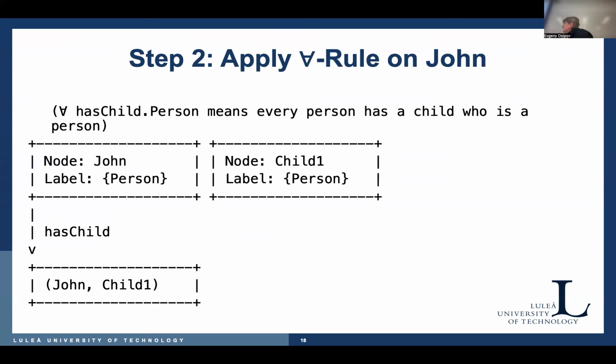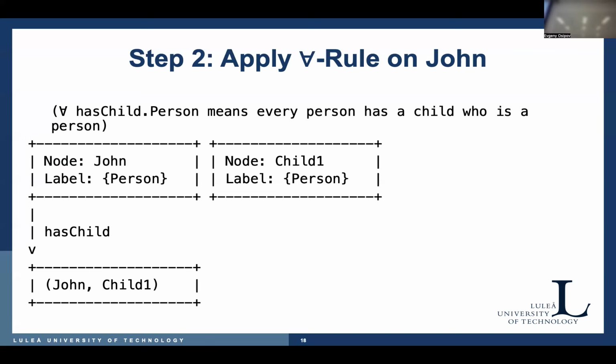So what you do, you start to generate. You literally start to expand it. If it says for all, you start to generate new individuals. You don't know the names, so you give some arbitrary names. You generate an individual child, and then according to the rule, you say this guy is a person, and he has a child.